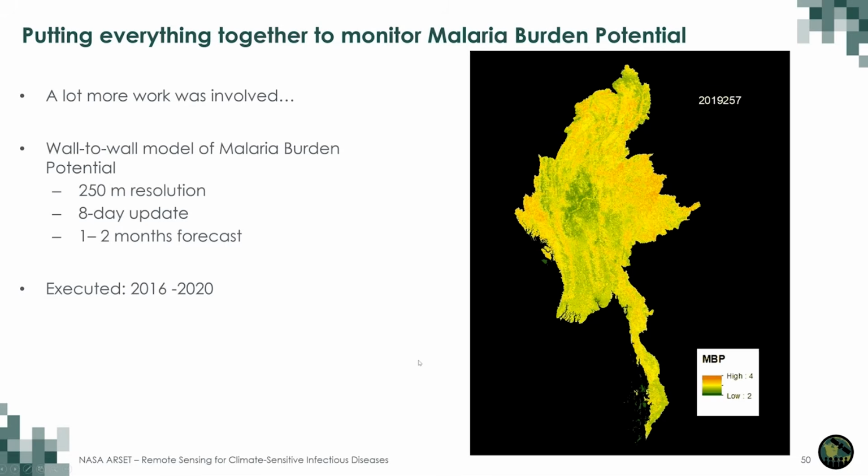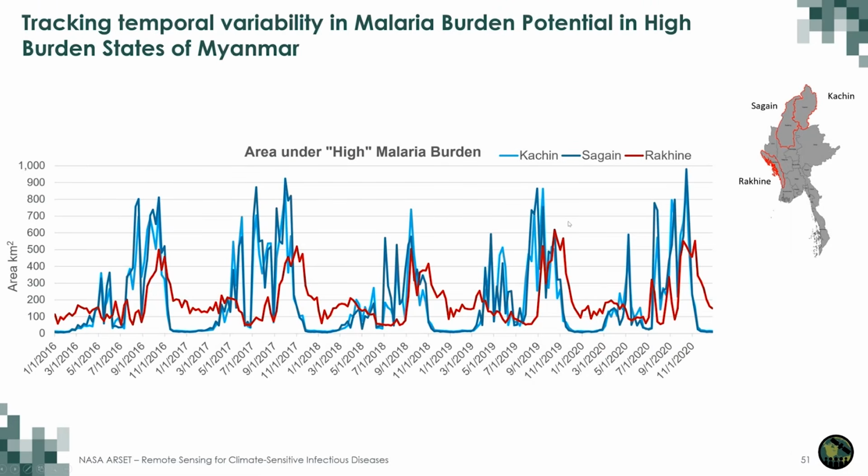And so you can see here how over time the conditions are changing, and the conditions are changing at really fine granularity that we are able to capture with this model. If we look at three regions, this is Rakhine State, Sagaing, and Kachin states of Myanmar, some of the very highly impacted regions. You can see over time malaria risk varies.